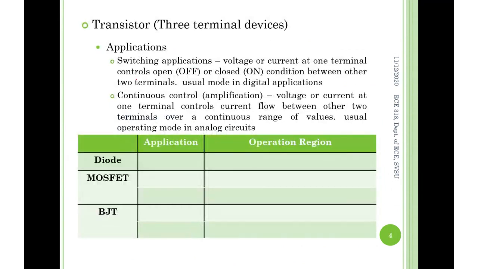It has 3 terminals, same as the MOSFET. And here, application-wise, we are trying to put the BJT and MOSFET together to do a comparison. First, both can work as a switch.